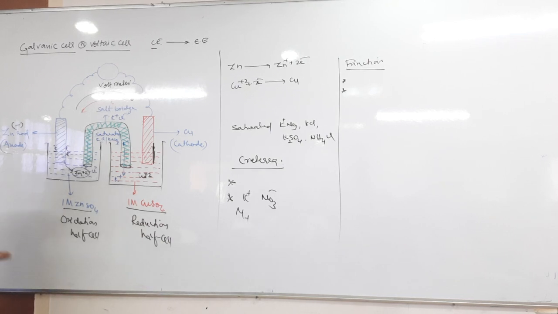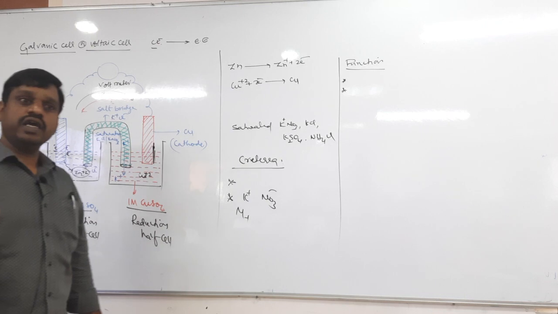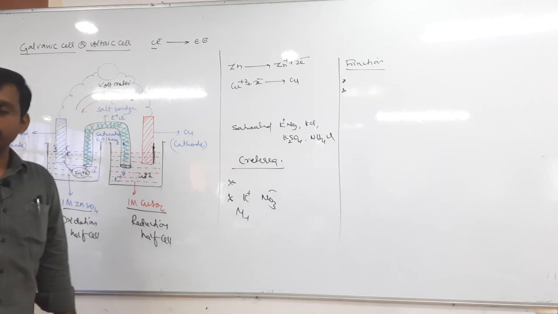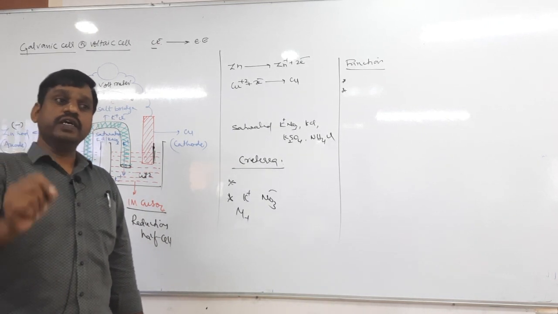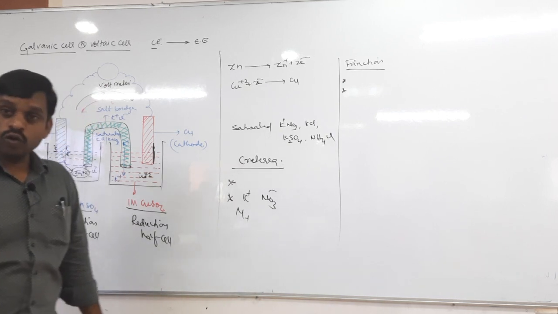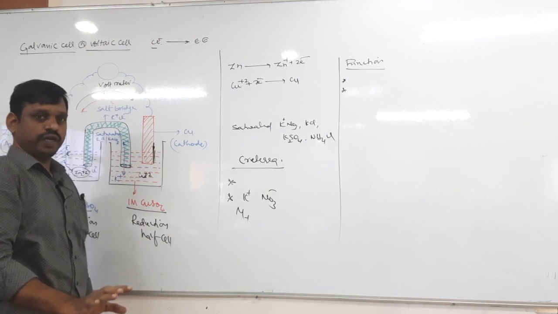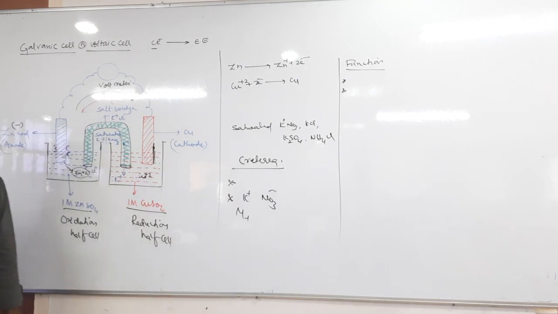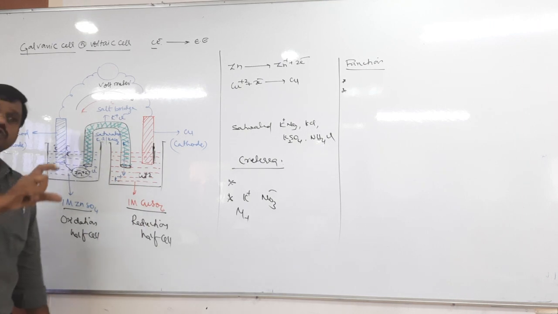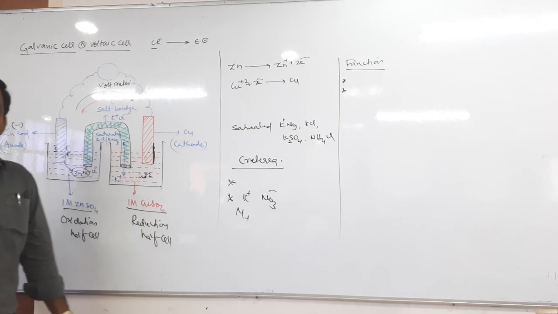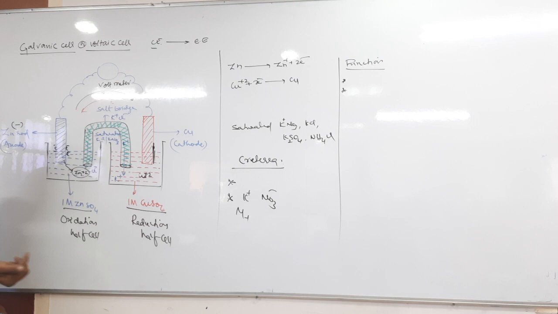Now you might have understood why the ionic mobility of cation should be equal to anion. The second condition while taking a salt bridge: one is it should be chemically inert. It means the electrolyte must not interfere with the cell reactions. And the second important condition is the ionic mobility of the cation should be equal to the ionic mobility of the anion. That means the migration speed of the cation should be equal to the anion. Why?